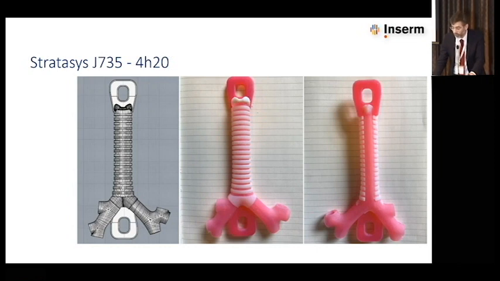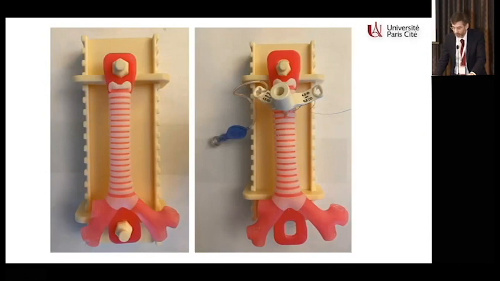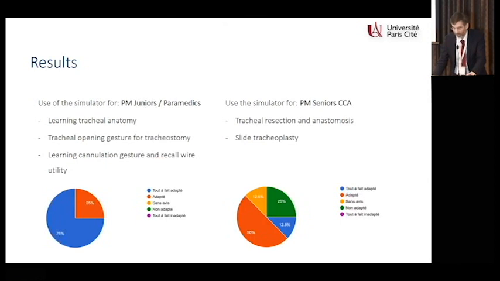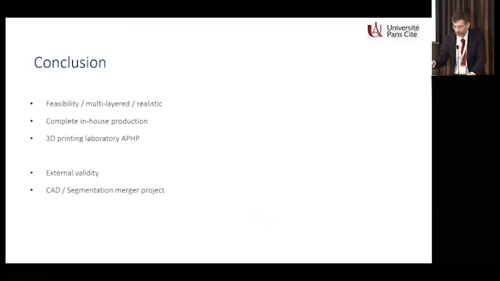You can see that you have the different rings, and we performed the tracheostomy on this. Then we validated the model with different experts for the anatomy and for the comparison of 3 different inks that we printed, for the palpation, the incision, and also the suture, because we wanted to try suturing on this. Well, this is very simple, and they agreed. So it was feasible.